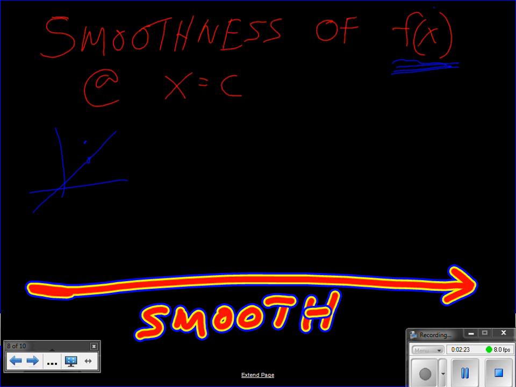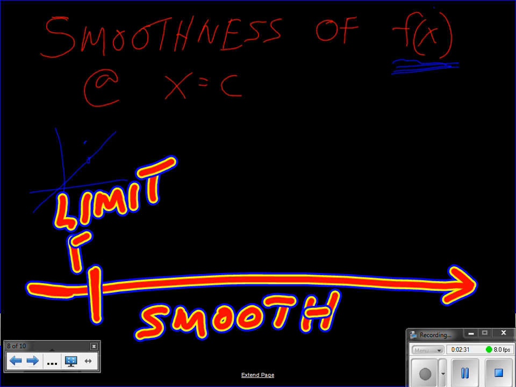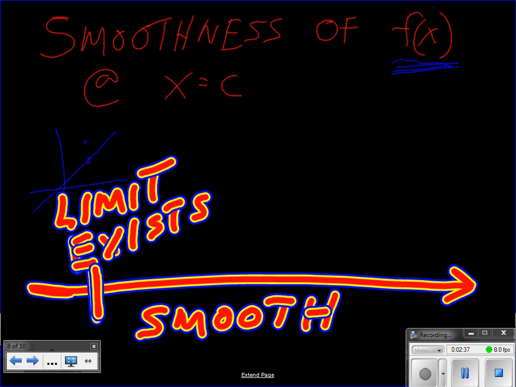Now here, in this part, you'll see this would be where the limit exists. Remember, the limit exists here, and then the limit has to exist for it to be continuous.